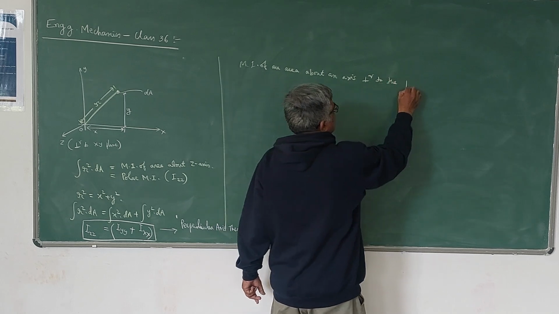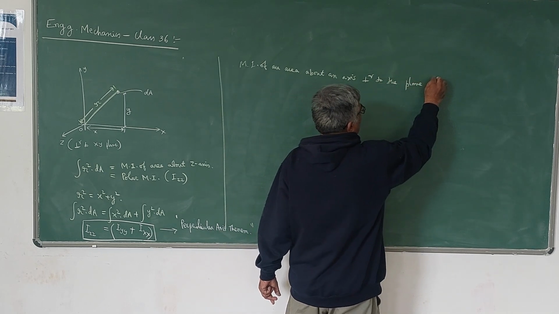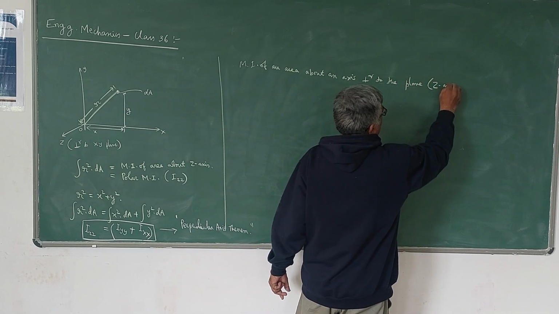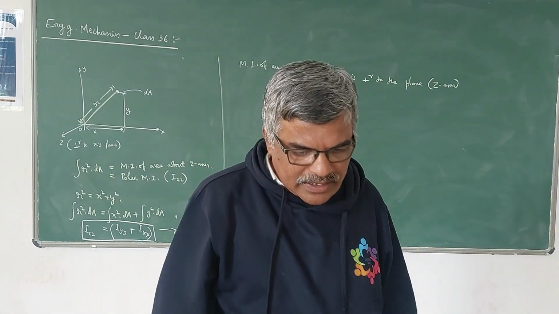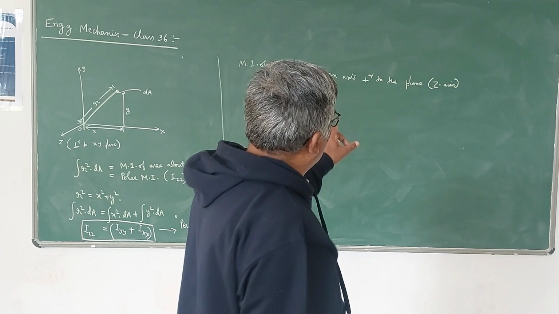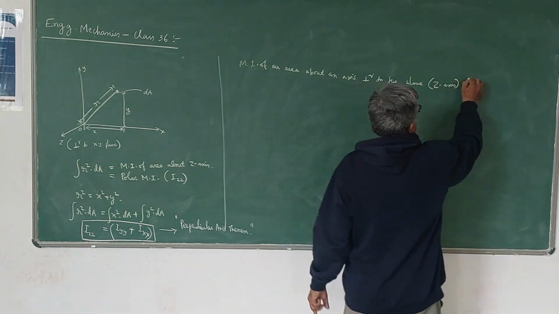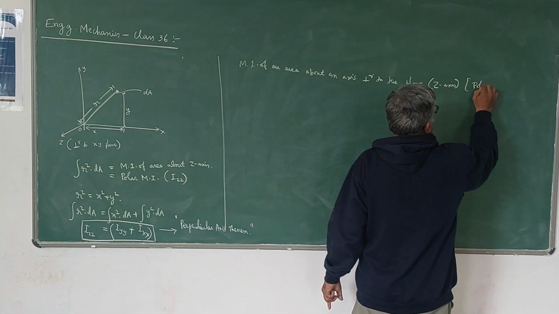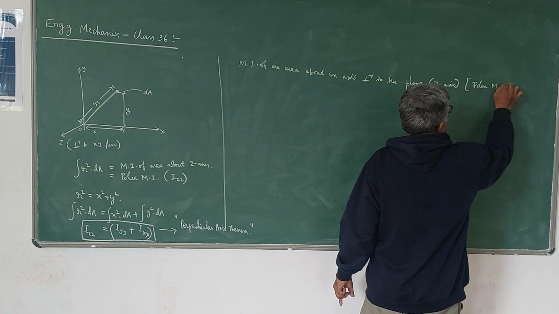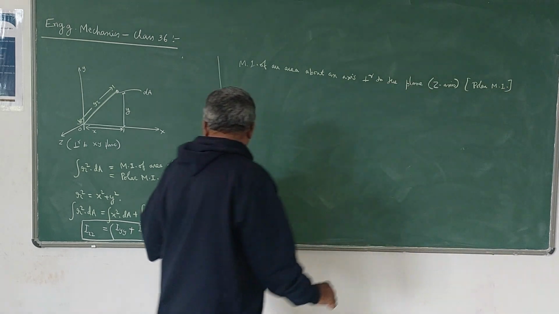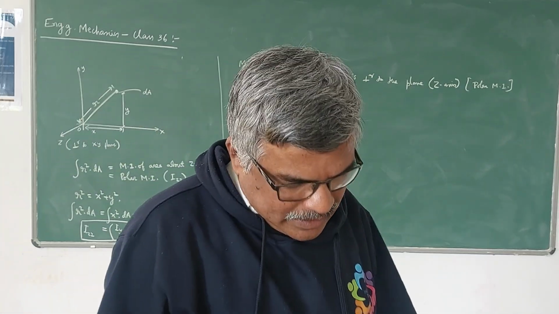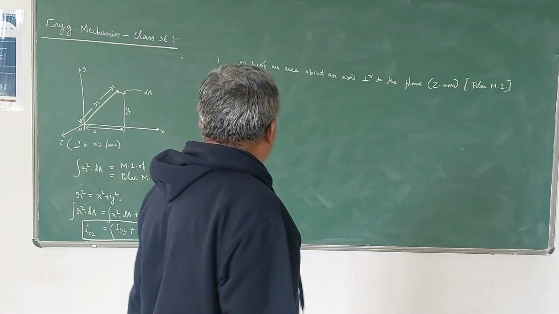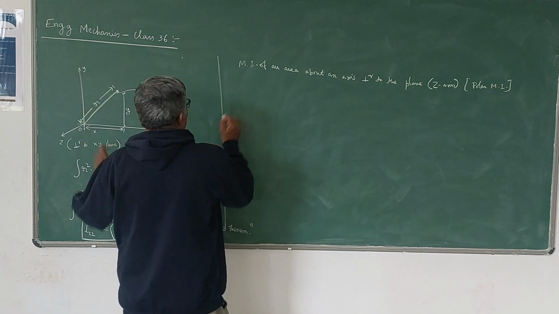That means it is z axis. Plane is xy plane. So z axis is perpendicular to xy plane. This is called as polar moment of inertia, so this is also called as polar MI. So I am writing the statement of perpendicular axis theorem. Polar MI at any point O. Here I have taken this point O.